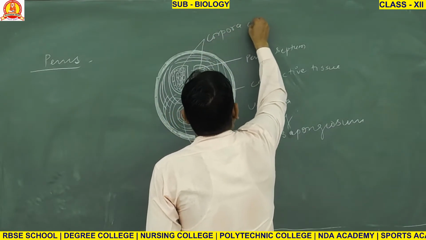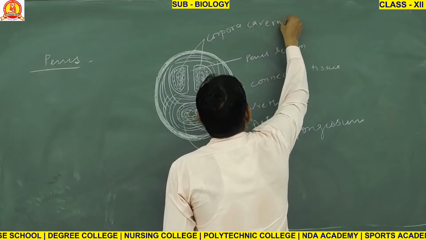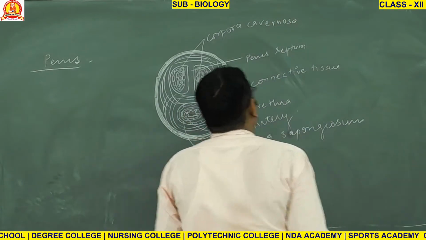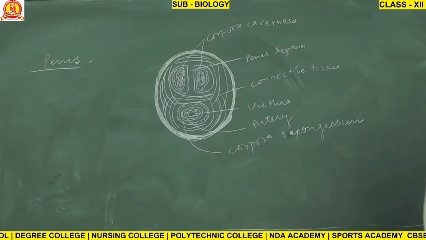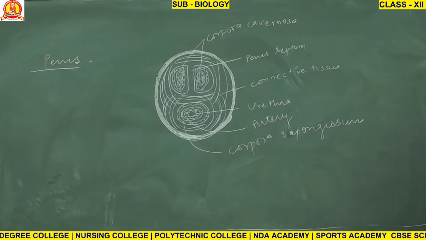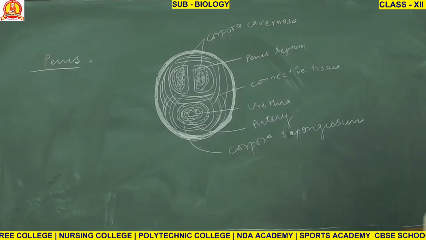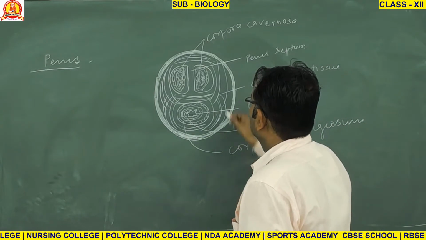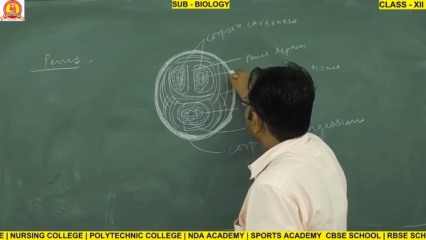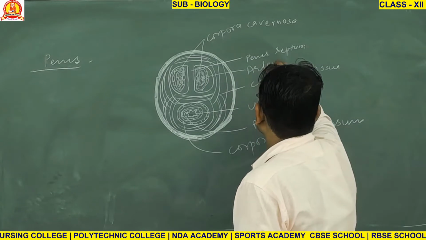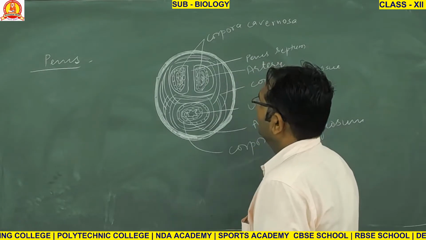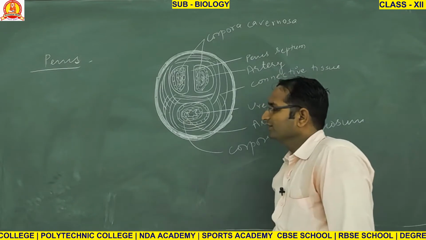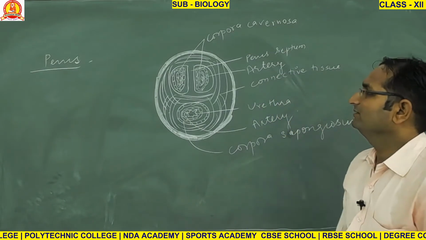Corpus spongiosum and corpora cavernosa. Then after this, again this is artery. Okay, this is the transverse section of a penis.